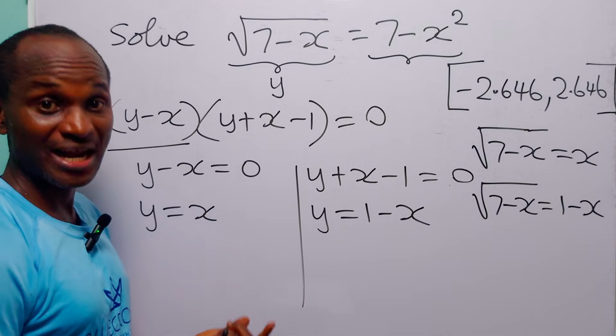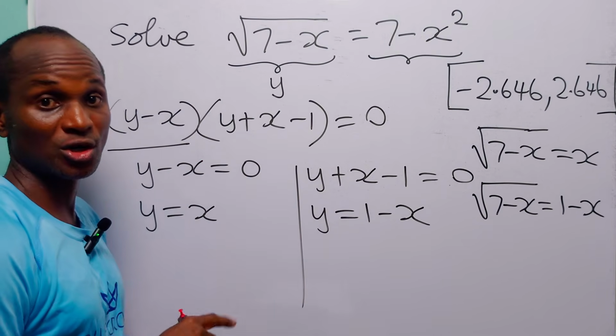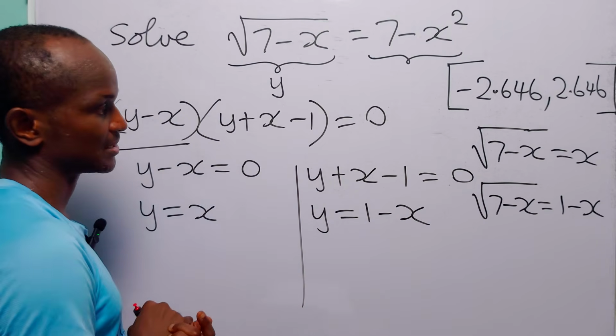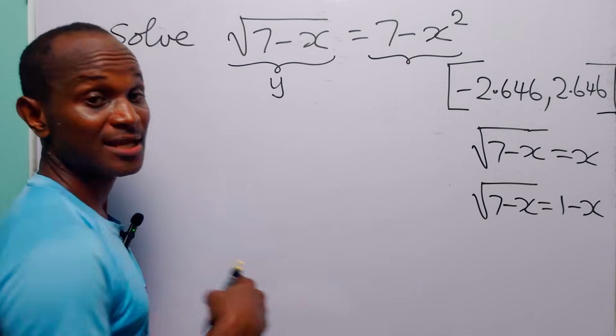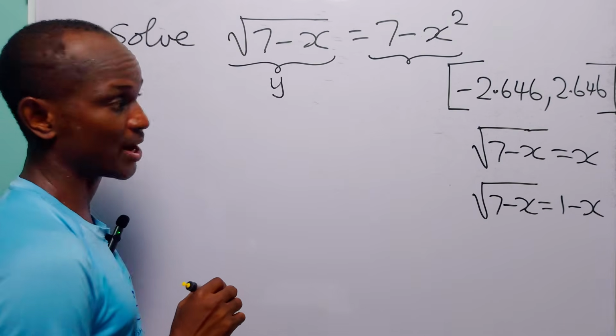So to find all the real values of x that satisfy this equation, we simply have to solve these two equations. In this first case, we start by squaring both sides of this equation to get rid of this square root.